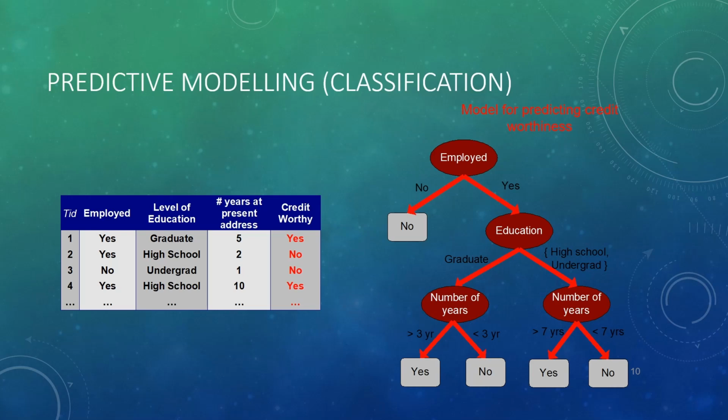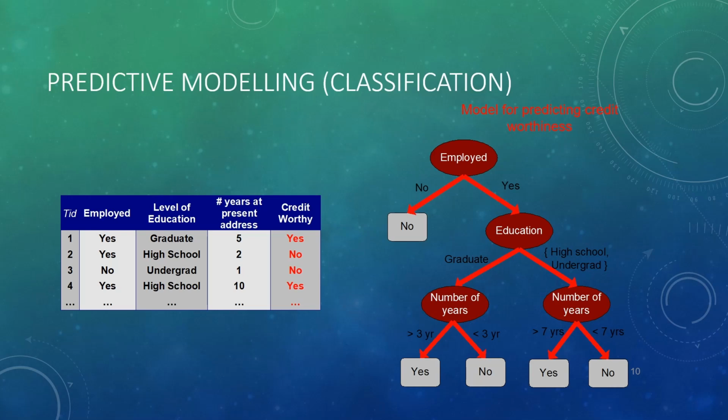If you take this as an example, we have here a list of data about the employees, like whether the person is employed or not, the level of education, the years at present address, and credit worthy. The red column, if you check here, is the one that we're trying to predict. Now you may tell me, sir, we have the data in here, right? It's already provided: yes and no, no, yes.